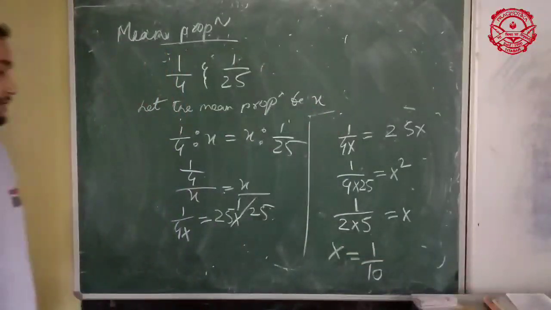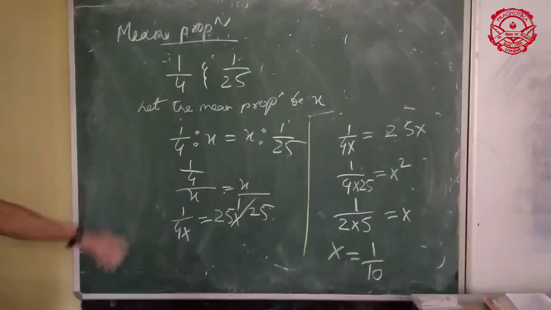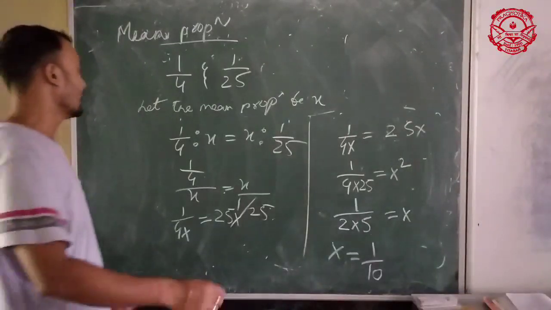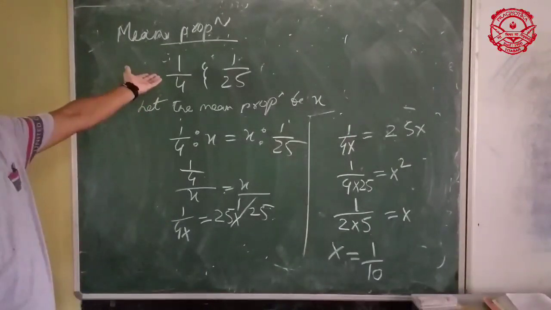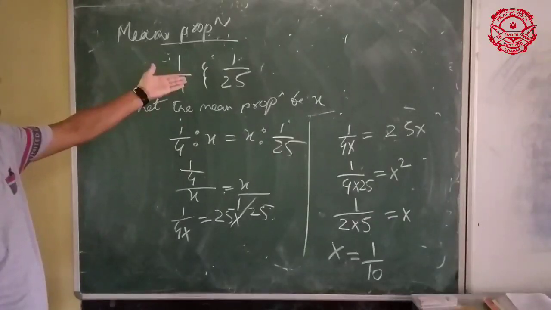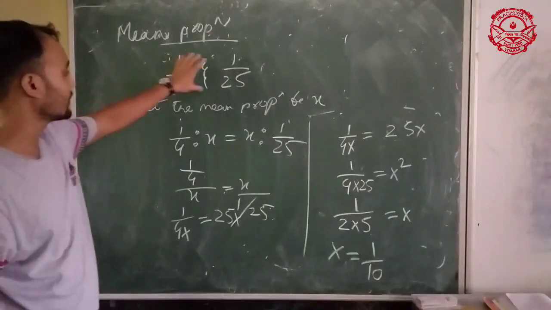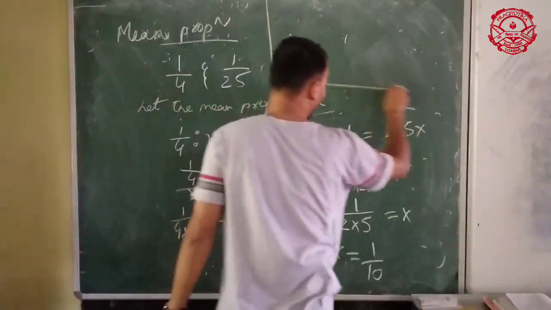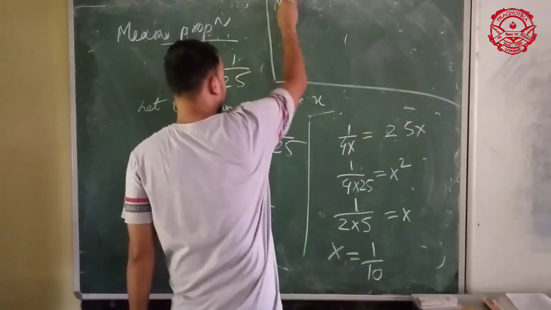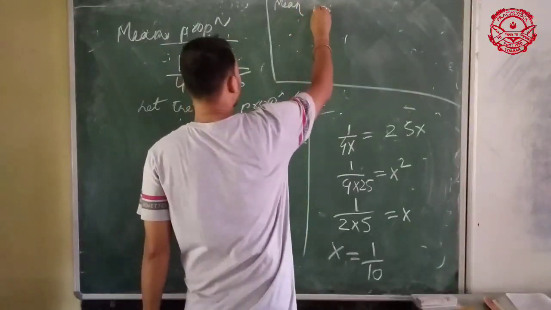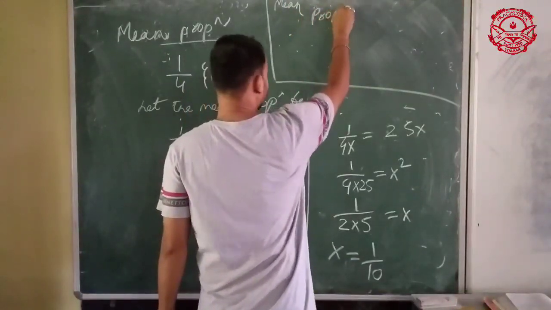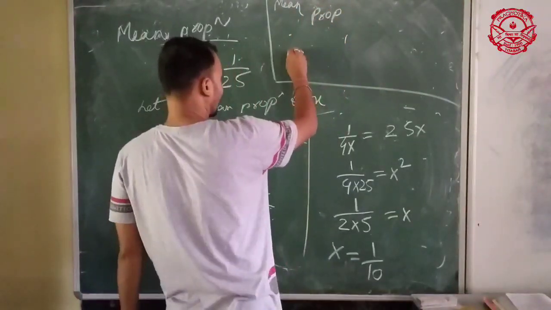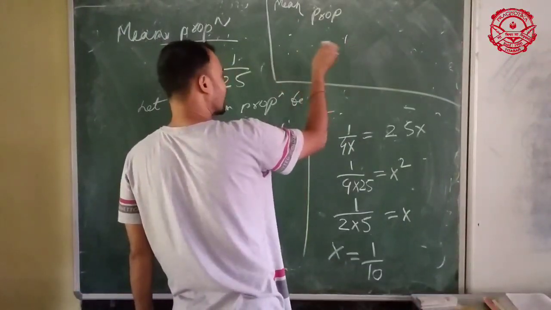Okay, this is the systematic method, or you can directly apply the other method. That is, we know that the square of the mean proportion is always equal to the product of the given two terms. If you directly apply the formula, consider this to be x or b, anything you want.